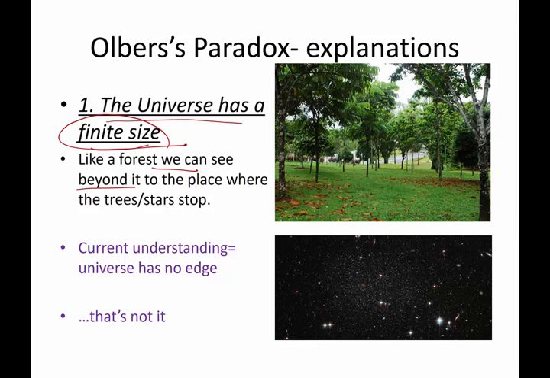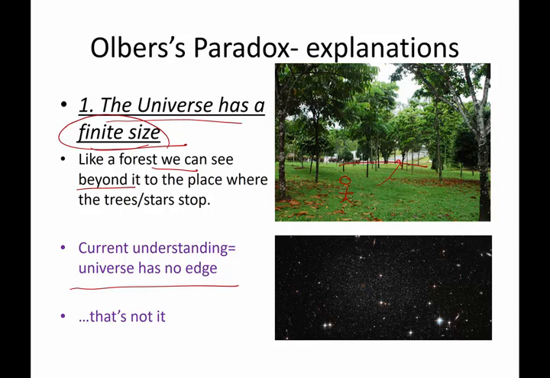So for example, if you were standing in a public park and there are trees all over the park, but there's an edge to it, and you can see blank spaces beyond. That's the analogy. The challenge is our current understanding is that the universe has no edge.